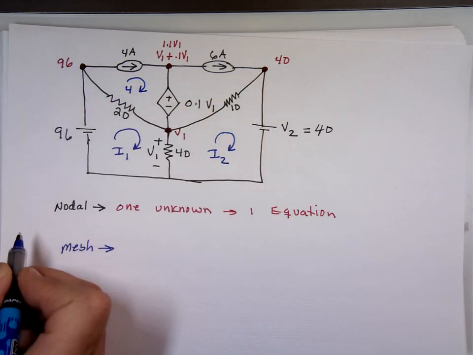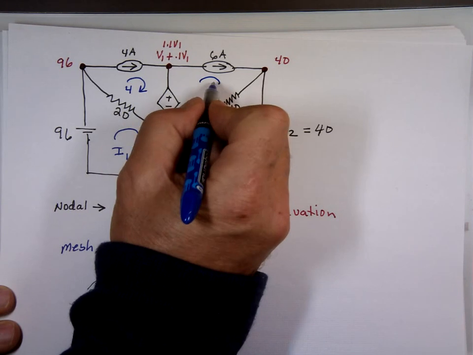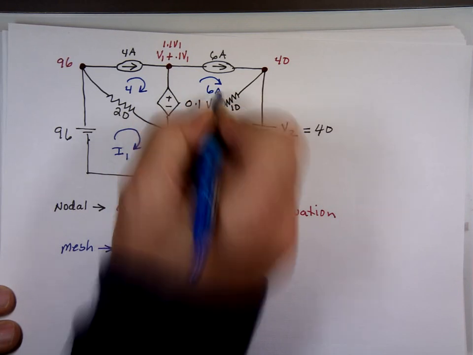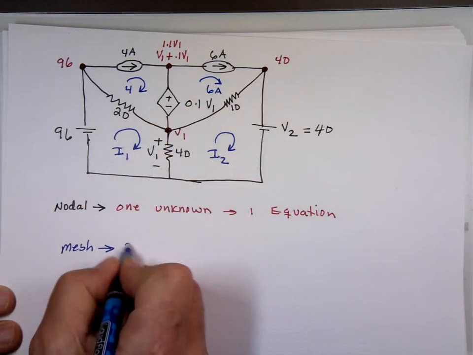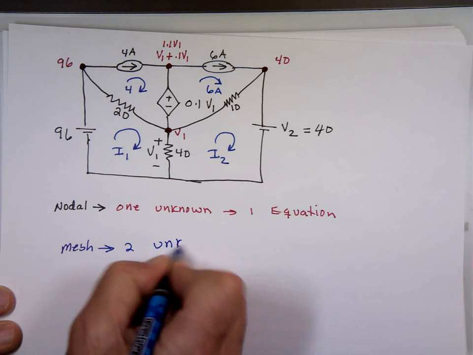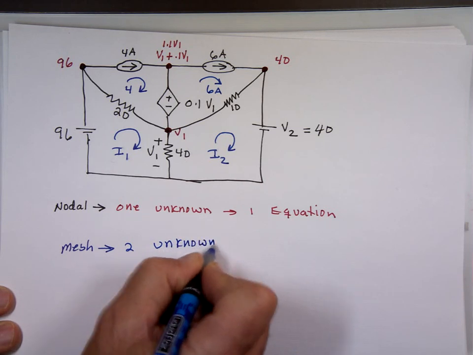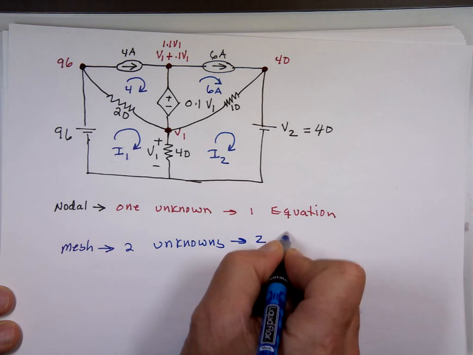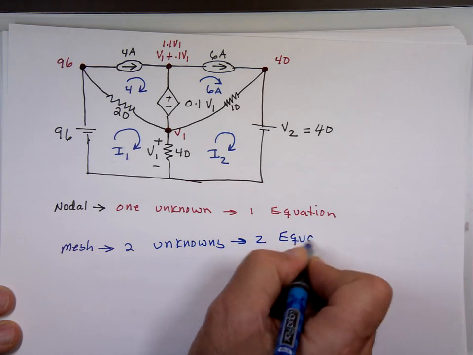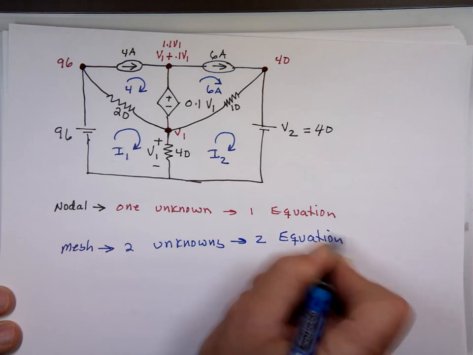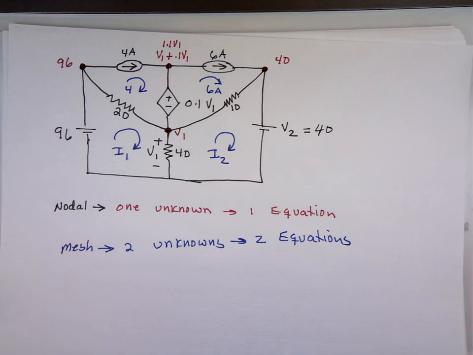We know that's 6 amps. How many unknowns? Two unknowns, which means two equations. So which method would you use here? Nodal analysis. And this is a super node, if you remember that.